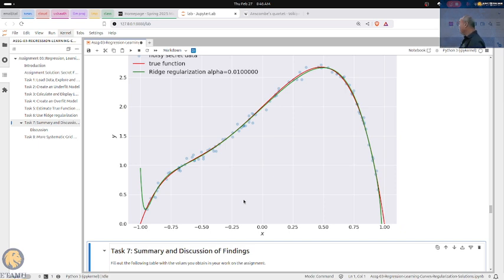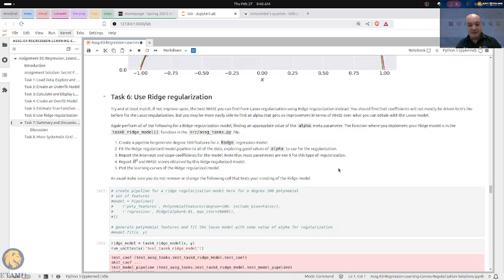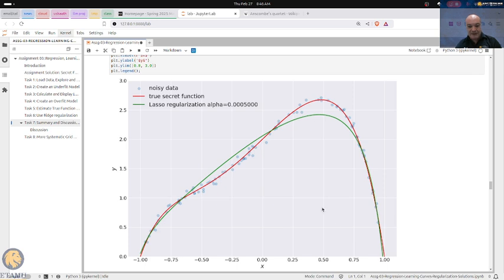We still maybe have some parts of the range where it's a bit overfitting or a bit wild in what it's doing. But for most of it, it's clearly a much closer estimate most of the time than we had with the lasso there.